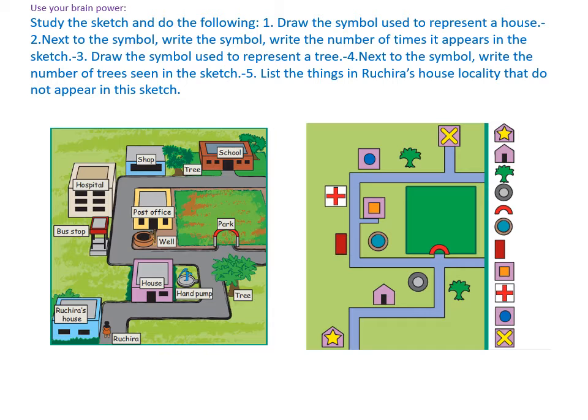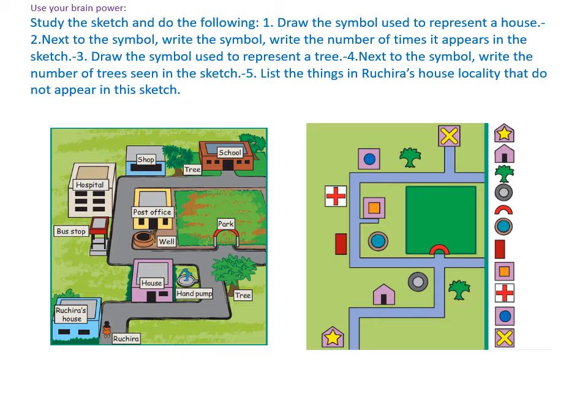Now this round circle is also not shown here in the picture. This rectangular symbol shows a bus stop, so this symbol too is there in the sketch. Now this symbol is not there in the sketch, so we'll put a cross.